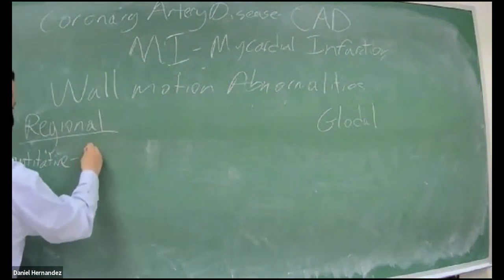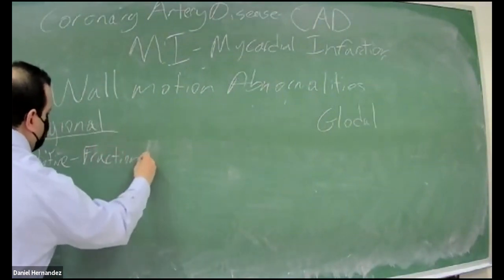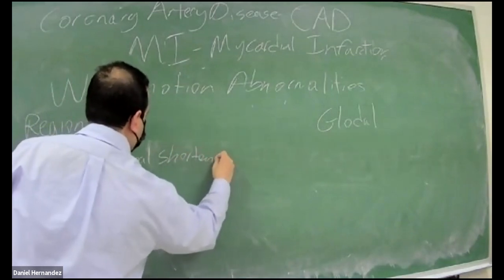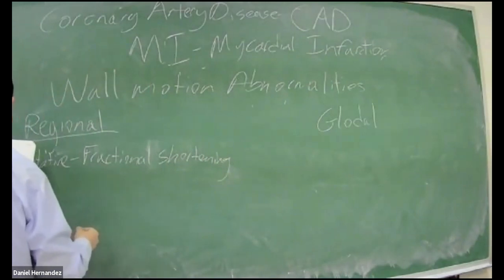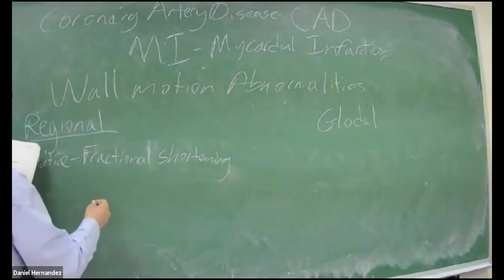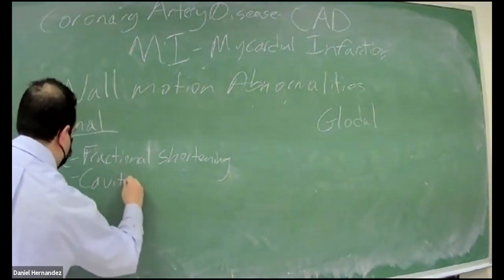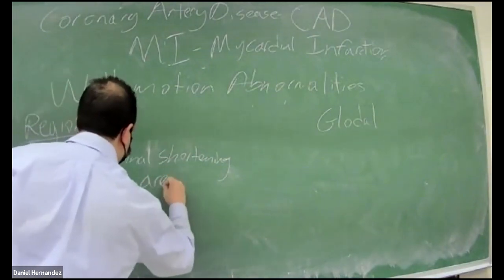So under quantitative, we have fractional shortening and cavity area changes.